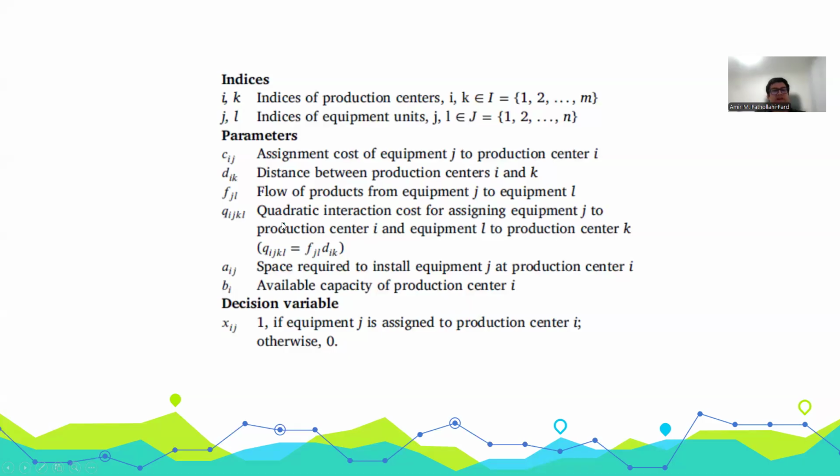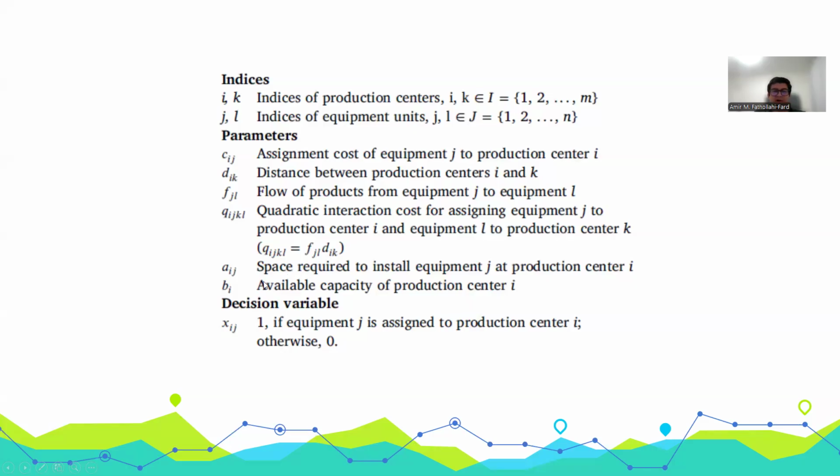This cost is linked between the distance of the facilities or production centers and the flow of the products. So if we assign an equipment to a production center, and we assign another equipment to another production center, there is an interaction cost, which is a complex cost that must be considered, and has been considered in this optimization problem.